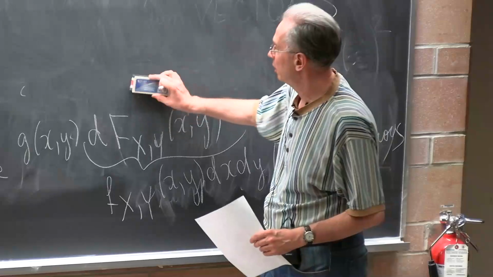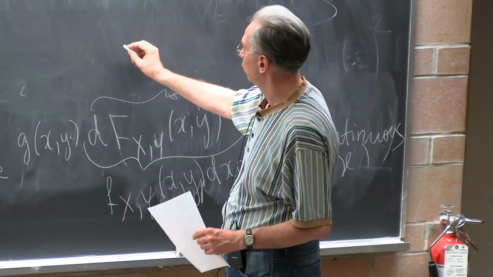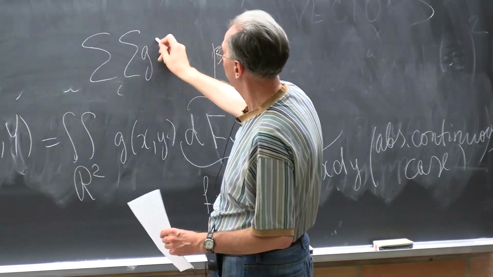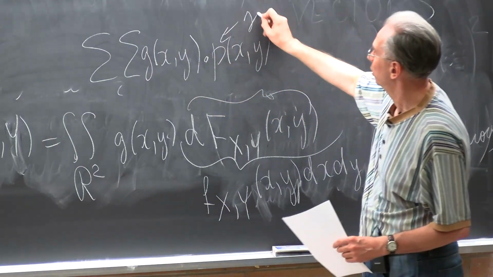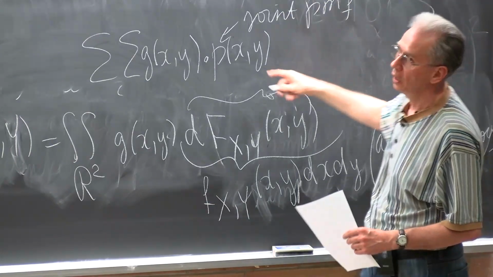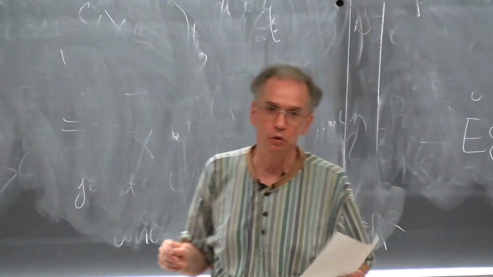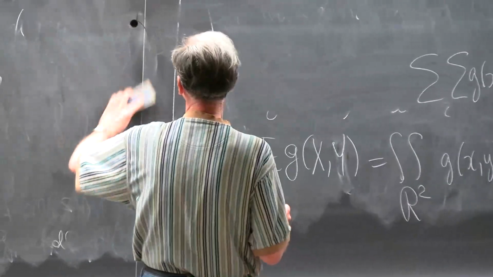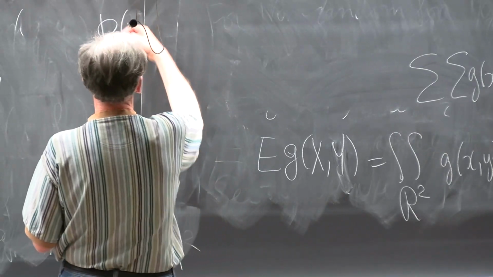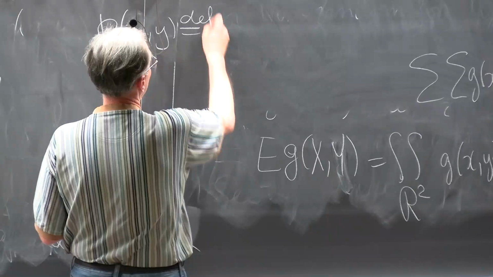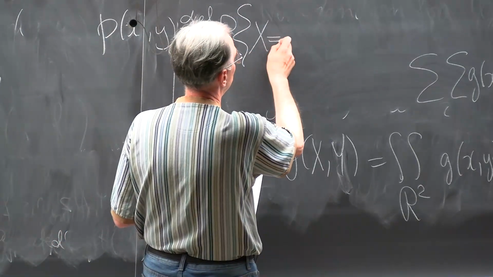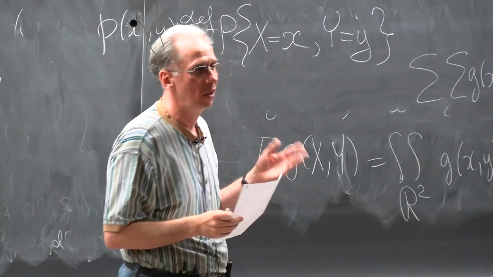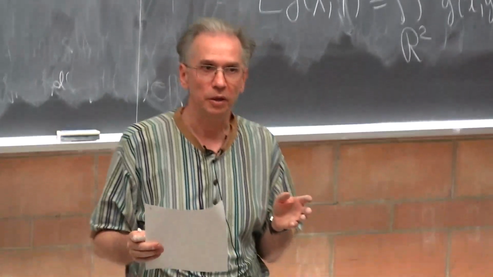But in the purely discrete case, this is going to be a double summation of little g of xy times the joint PMF of our random variables, which are assumed to be discrete, and p of xy, of course, is defined as the joint probability that the first variable, capital X, takes on the value little x, and the second variable, capital Y, takes on the value little y, where again comma is recognized as the intersection.